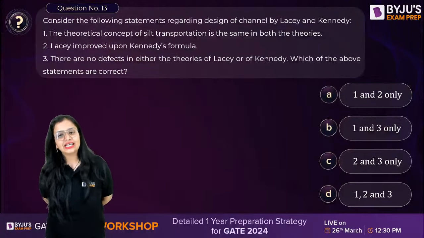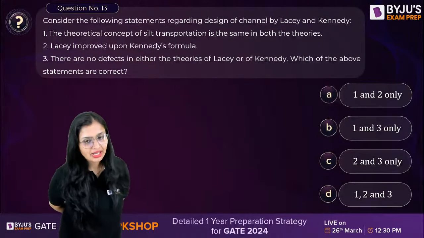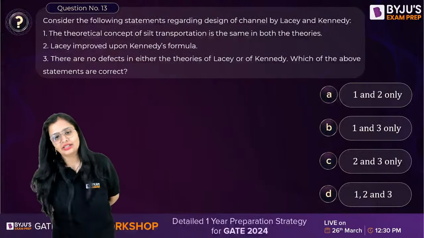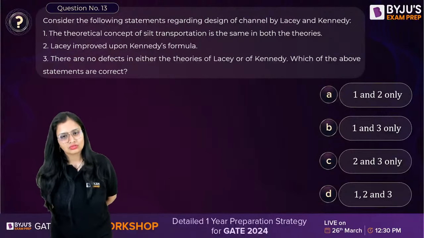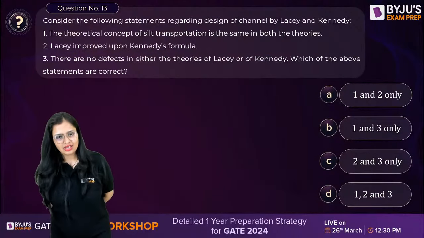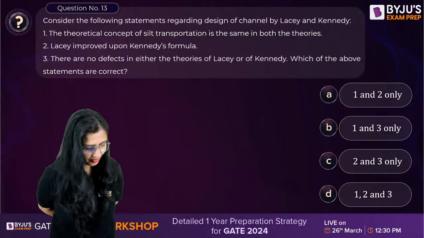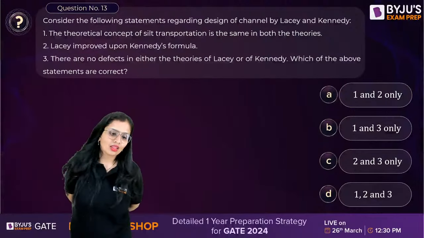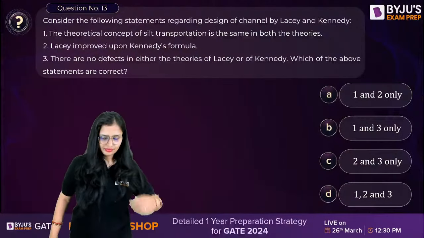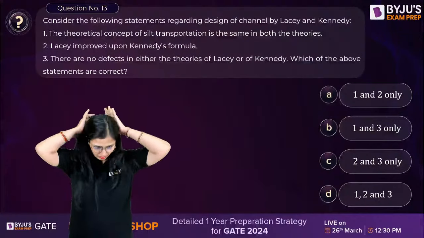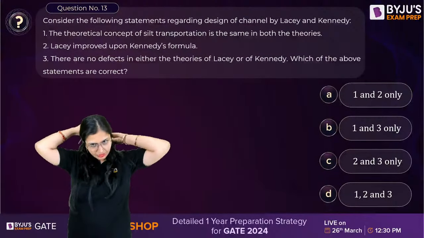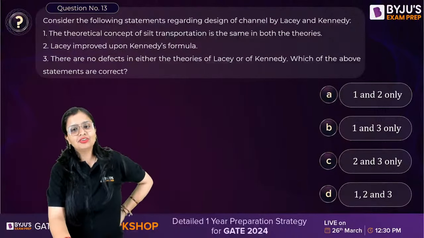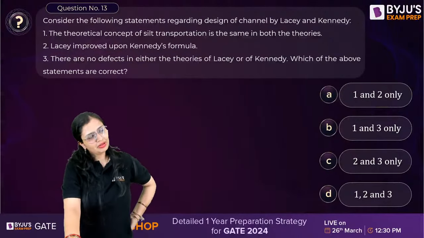Consider the following statements regarding design of channel by Lacey as well as Kennedy. I guess this is very easy. Correct. So the theoretical concept of self transportation is the same in both the theories.